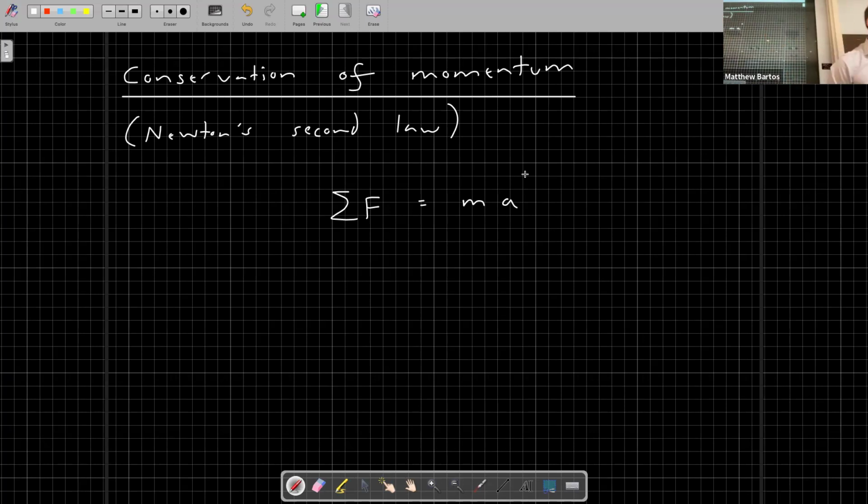Does anyone know how Newton's second law was originally formulated? Yes, very good. So the way the law was originally stated, and kind of the more general definition, is that the sum of forces acting on a body is equal to the time rate of change of the momentum.